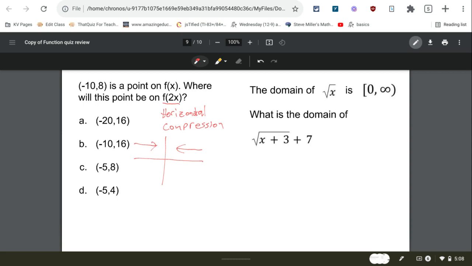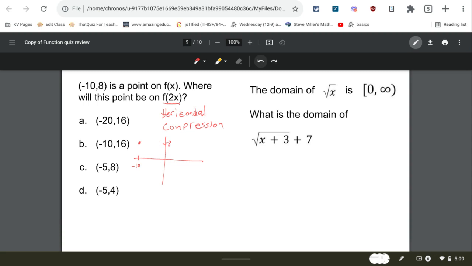They're going to be sent towards the y-axis is what's going to happen. -10, 8 is going to be somewhere in this neighborhood. And what's going to happen is that the y values are going to stay the same, but this point is going to get pushed inward towards the y-axis here, by a factor of 2.